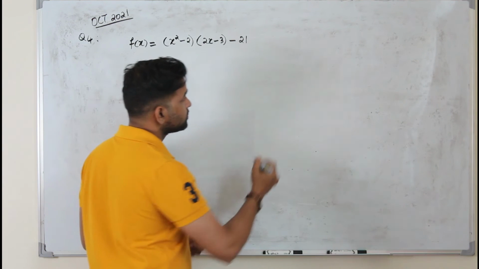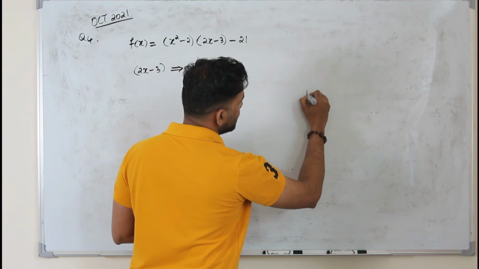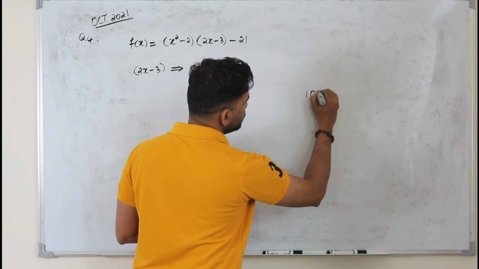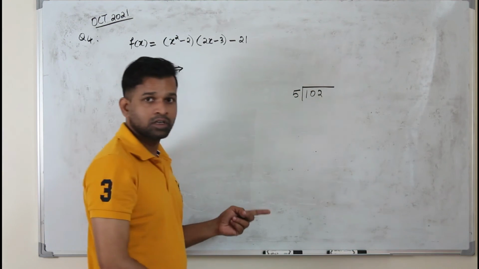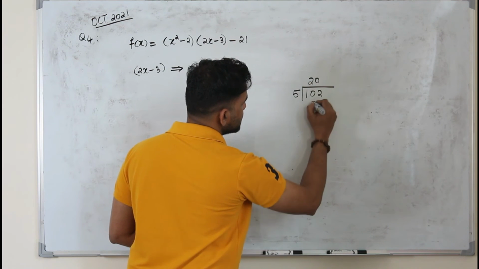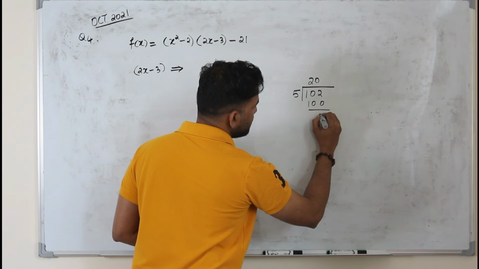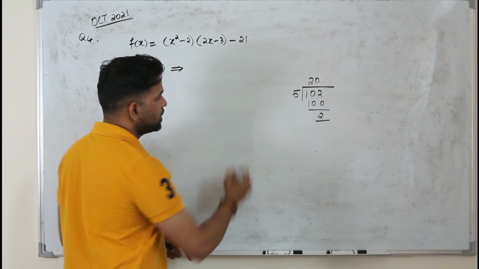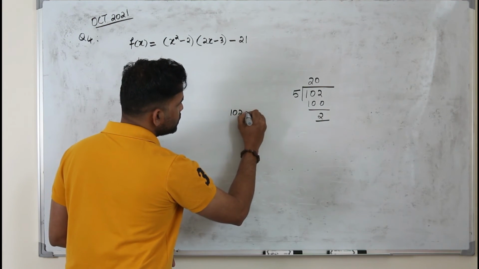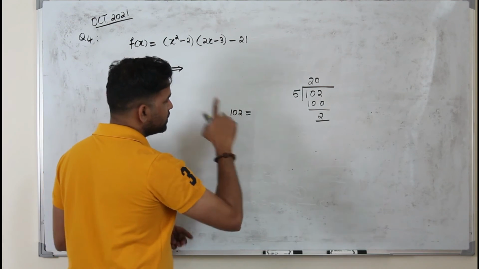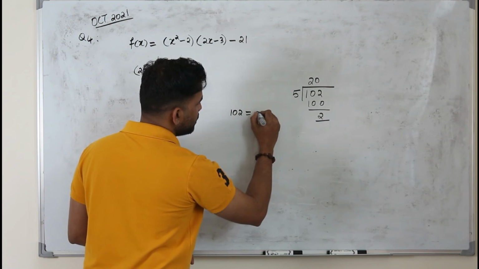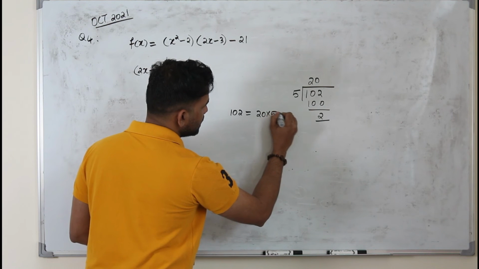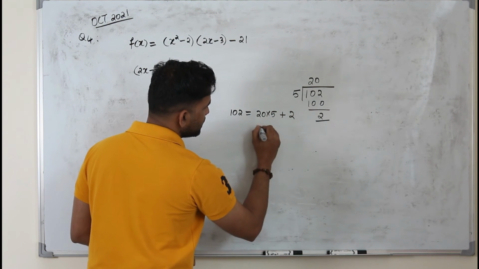Let me show you. Let's say you have 102 and you divide this by 5. 25 fives are 100. Your remainder is 2, right? So you can write the 102 as quotient times divisor plus the remainder.